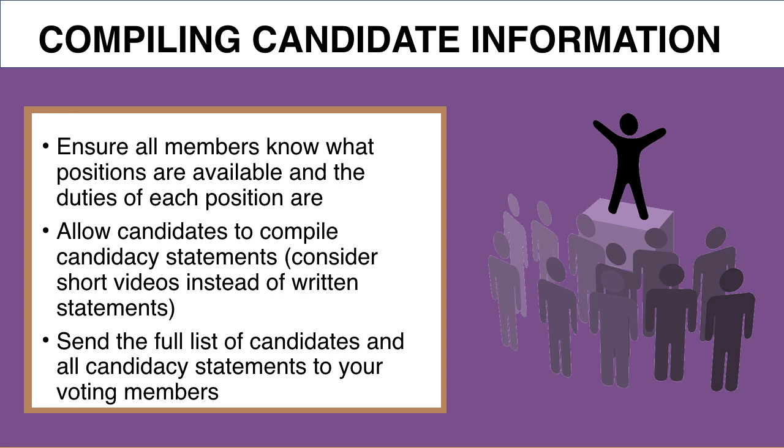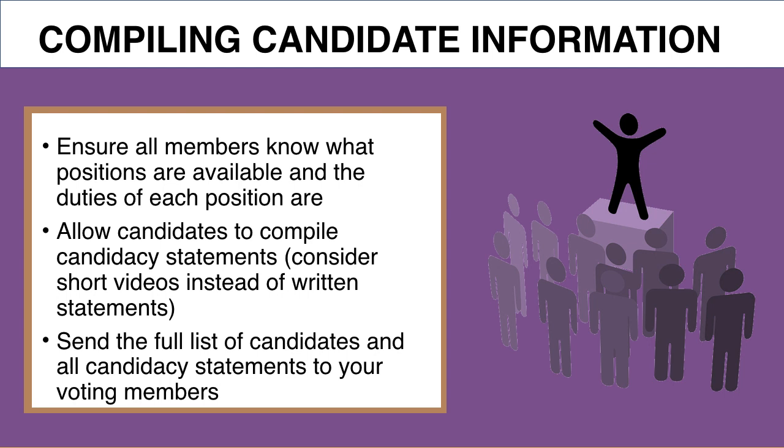It's important members have this so they know what to expect if they are elected and what they are voting for. When collecting candidacy submissions, we suggest you give your members running for office an option to write or record a candidacy statement. This statement will say a little bit about them, why they're running, and what they hope to accomplish as an officer. These statements can be sent out to your members with your online poll or as you get them. It's up to you.